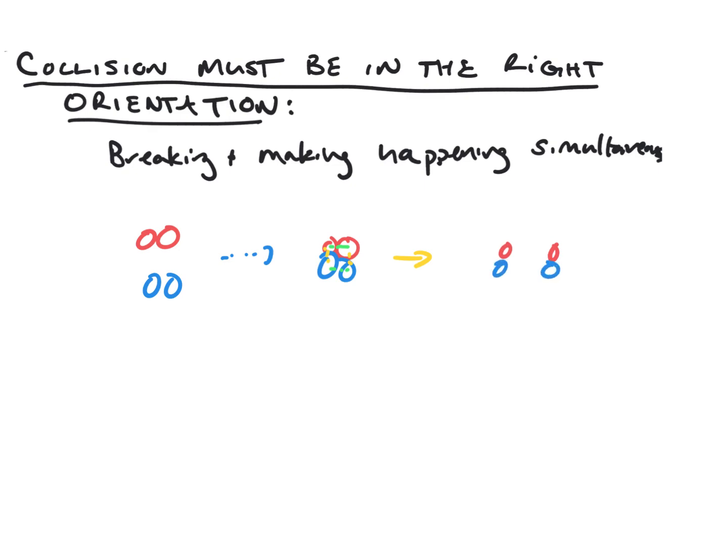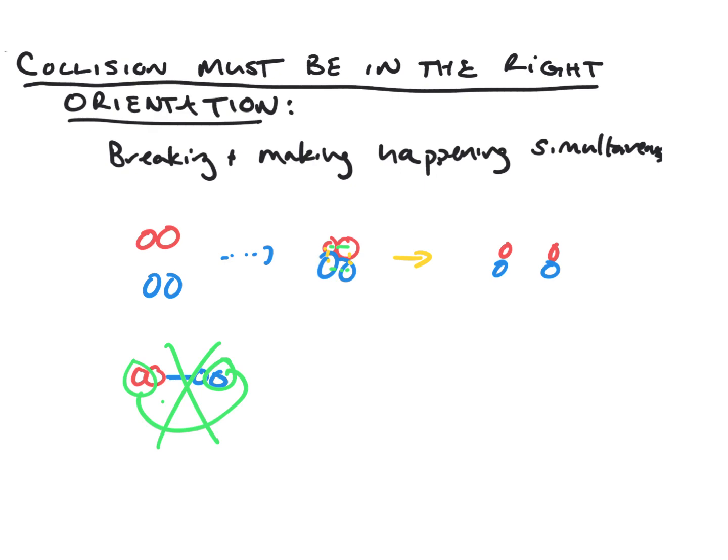Okay, so in order for this to happen, they have to collide in an orientation that allows for that bond breaking and bond making to happen. If you think about it, if I collide in this orientation, there's no way for me to make and break the bonds to make this bond. They're not touching each other, they're not near each other, so this collision isn't going to be productive because it's not in the right orientation.